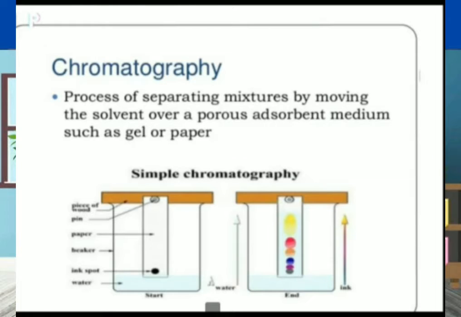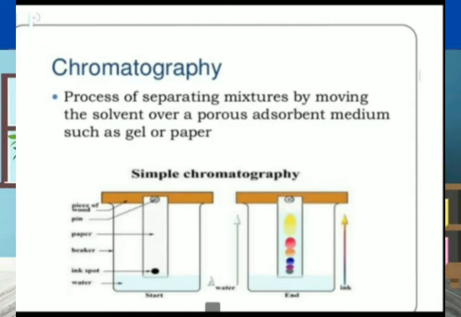Watch carefully what happened. Yes, the filter paper absorbed the water. When the water catches the filter paper, it moves upward, and the water-soluble colors move upward with the water. Look at the second picture.